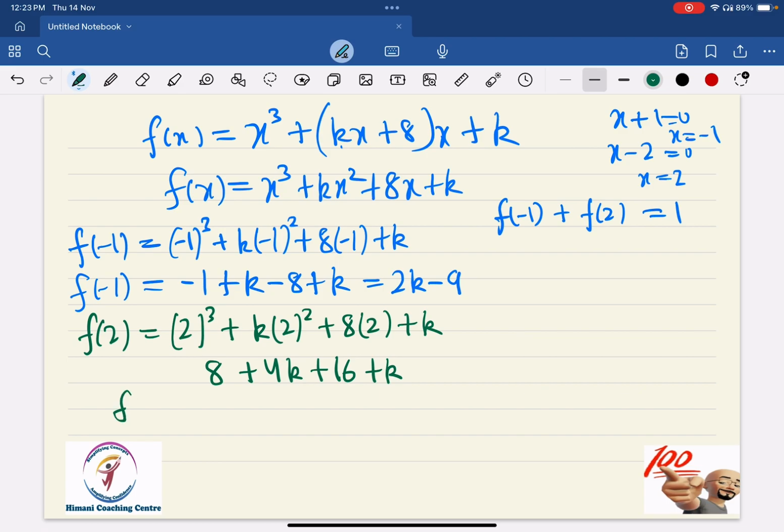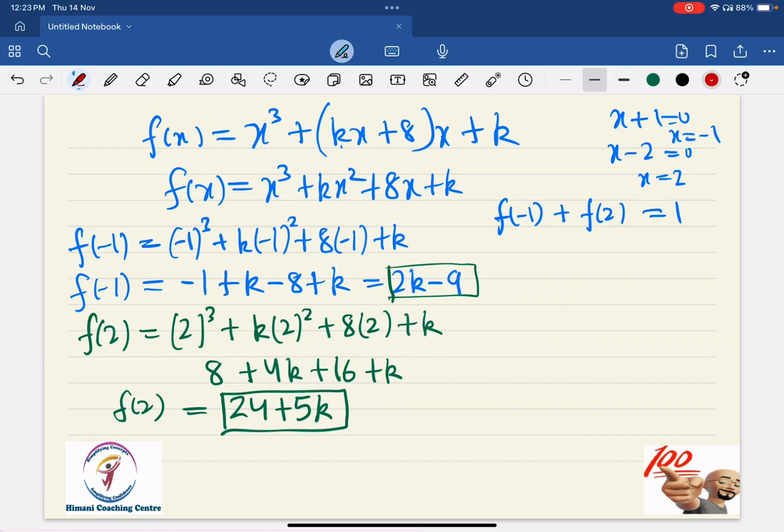So f of 2 is going to be 16 plus 8 is a 24, 4k plus k is a 5k. So this is my f of minus 1, this is my f of 2, added together they give us 1 according to question.